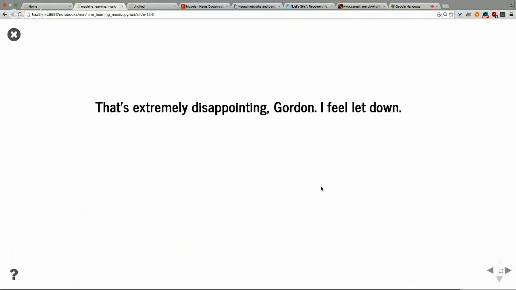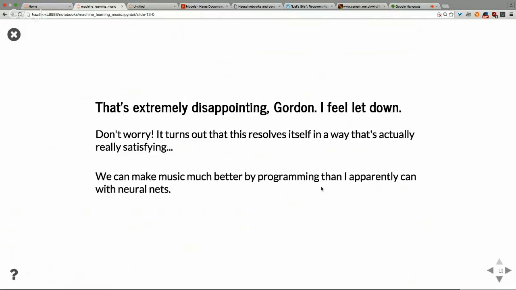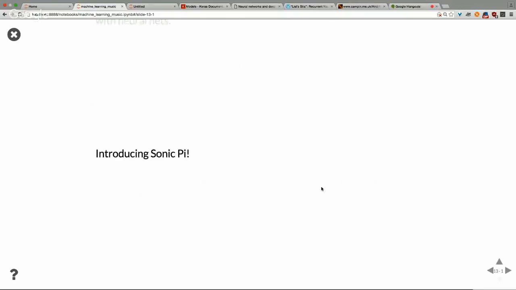But don't worry. Turns out that there's actually a very satisfying resolution to this. We can actually make much better music by programming than I can with neural nets. So, what do we have? Sonic Pi. What is Sonic Pi?